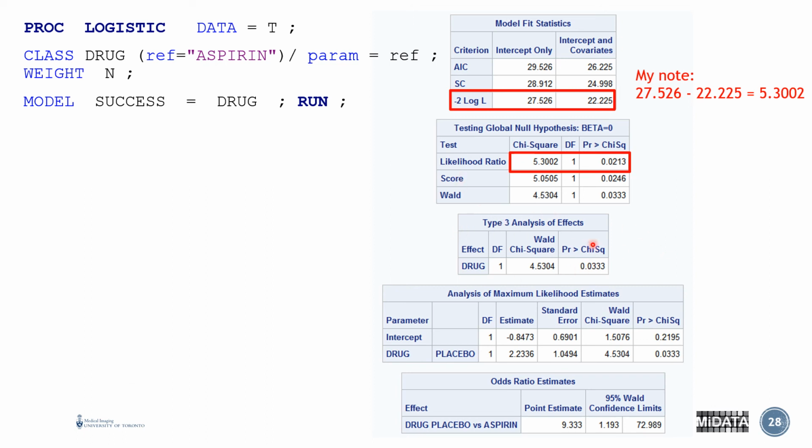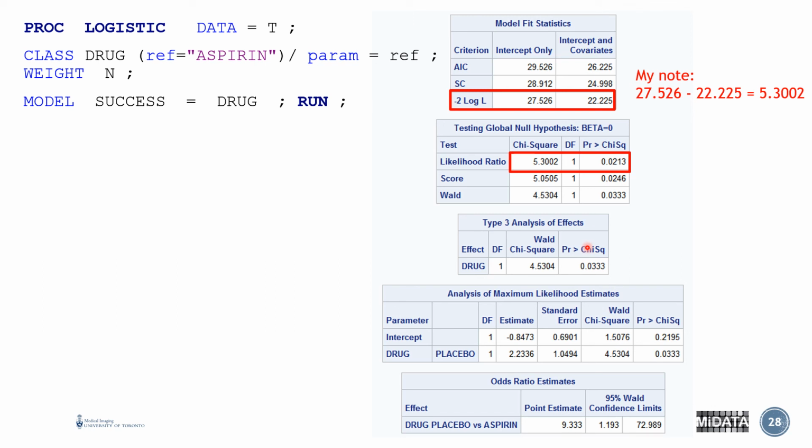As we move down here, the type 3 analysis of effects is in effect your ANOVA, right? Remember your type 3 sums of squares. This is an equivalent, providing you the type 3 sums of squares for drug, the independent variable of interest. What it provides you is whether or not this variable is significant in the model.